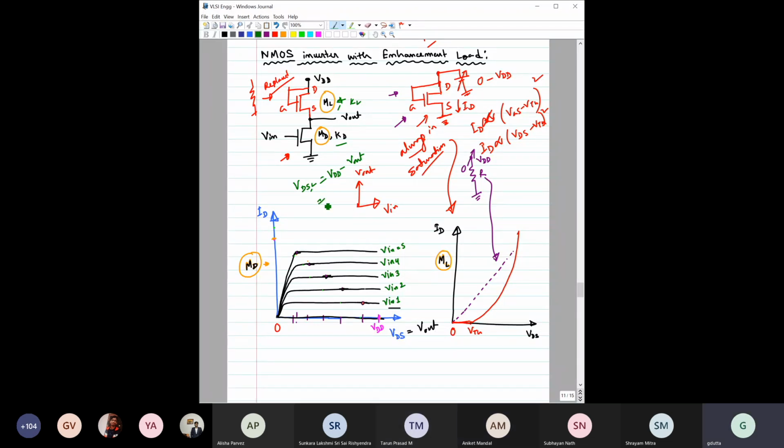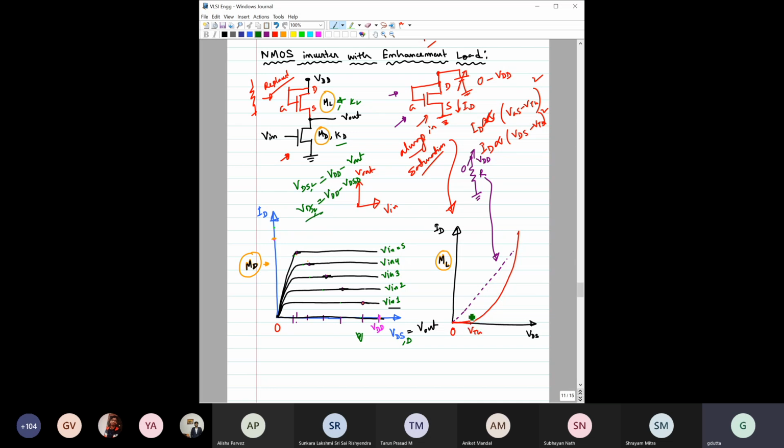Then what is Vout? Vout is VDS of the driver. So VDS load is equal to VDD minus VDS driver. Can I write this? Please say yes or no. Yes, sir.